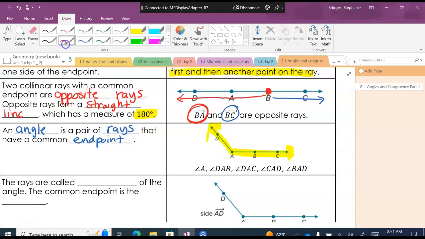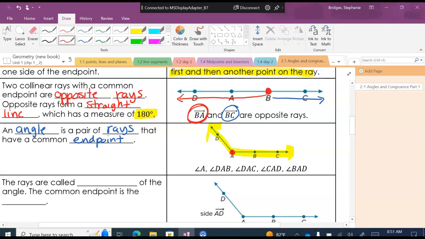Now, we can name this many different ways. First of all, if there's only one angle in your picture, you can name it by just the vertex, which we haven't defined yet, the common endpoint. The corner part, yep. So if I'm looking at this, what is my common endpoint? What did you tell me it was? A, okay.